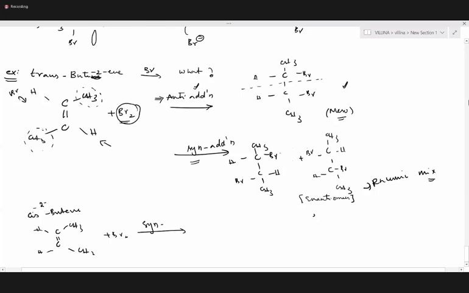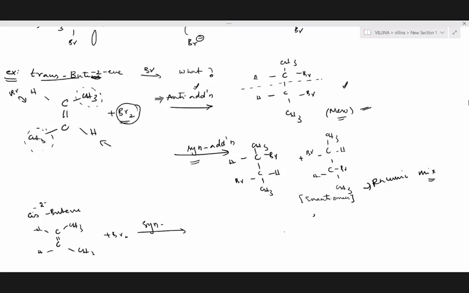So in the previous year's question, they have asked this part only. Trans-butene on bromination gives how many optically active compounds, or how many products will it give? It will give only the meso product. And yeah, let me repeat the question. Yes, the number of stereoisomers obtained. The number of stereoisomers is only one because we have only the meso compound.